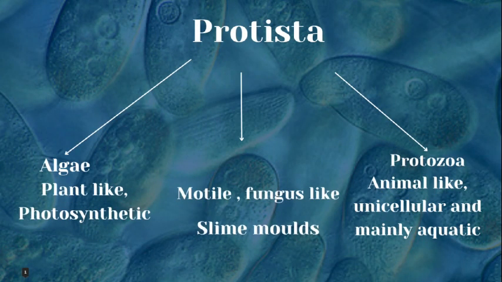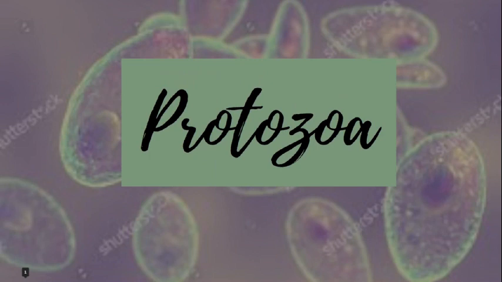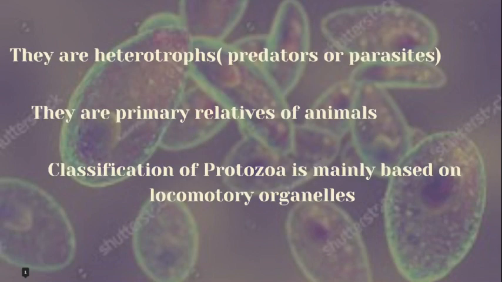Now coming to the last category of protists, the animal-like organisms, protozoa. They are heterotrophs, can be either predators or parasites, and they are the primary relatives of animals. The classification of protozoa is mainly based on their locomotory organelles.